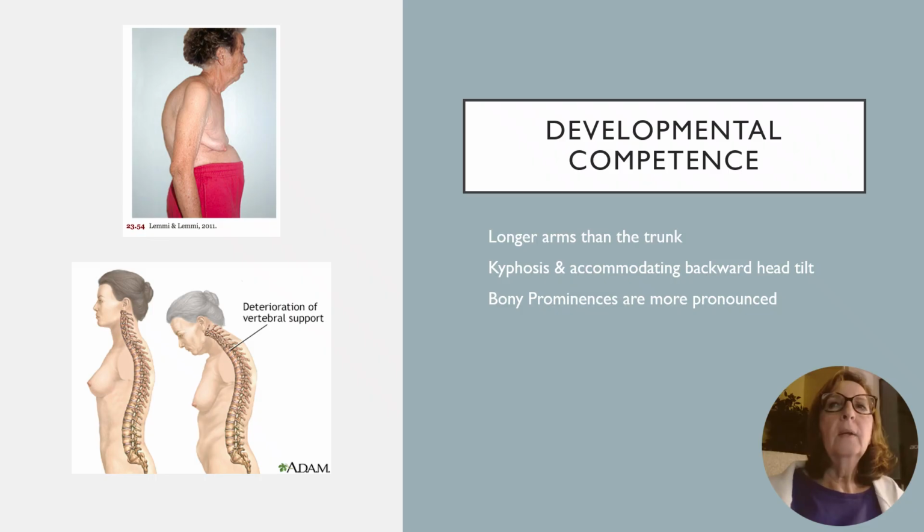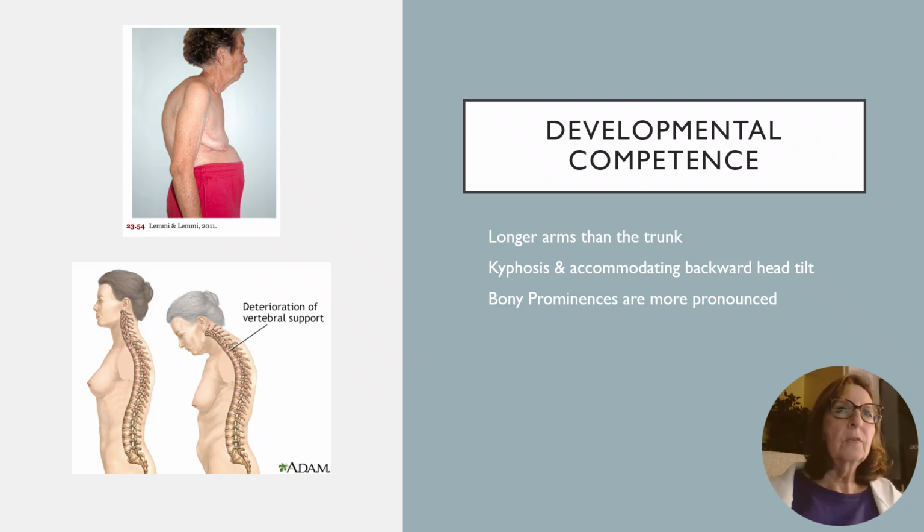You can notice that the arms are now longer than the trunk. That doesn't mean that the arms got longer. Those long bones in the arms and the legs stay the same size. It's the fact that the spine has compressed that makes it look like the arms are longer than the trunk.